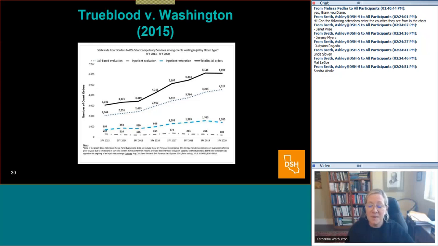You just cannot keep up with those numbers. I just want to point out that the last data point, unfortunately, does not reflect an improvement in the referral rate in Washington State. It just reflects the impact of the pandemic on courtroom proceedings and subsequent referrals. Next slide, please.